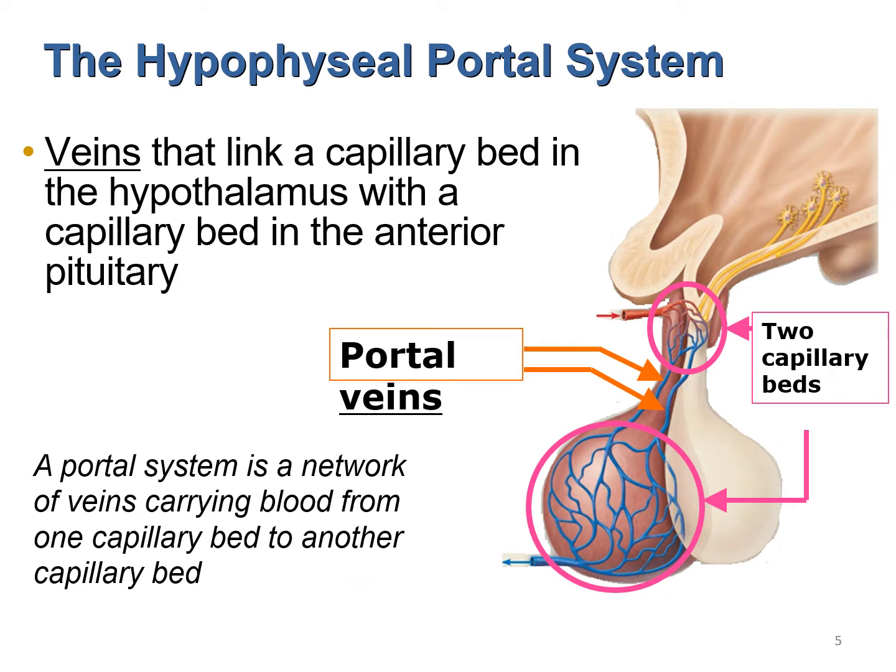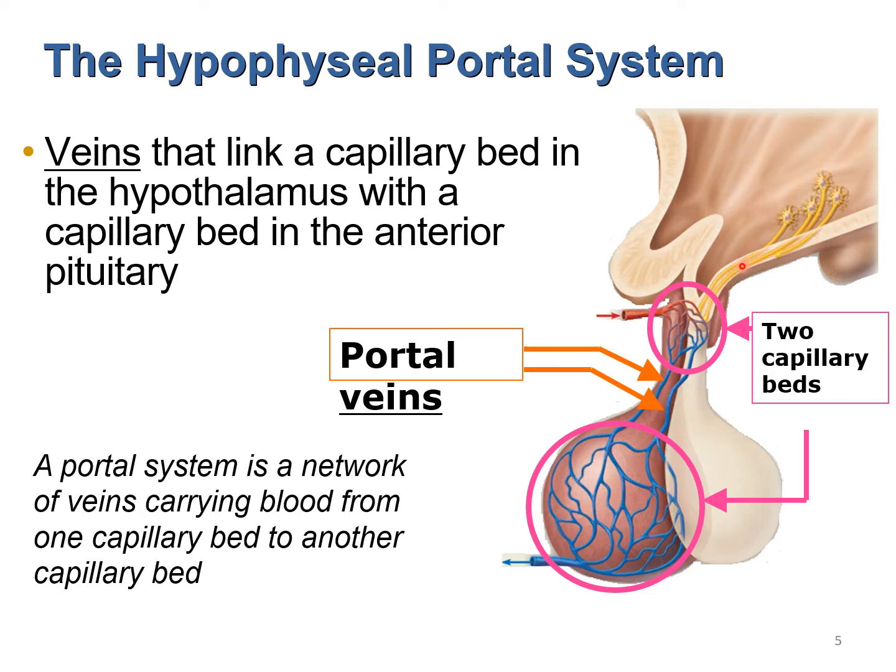Now, what is the significance of this portal system? Well, here in this capillary bed, you have axons extending from neurosecretory cells in the hypothalamus. These cells release hormones into the blood of these capillary beds. These hormones are then taken to the second capillary bed in the adenohypophysis, where those hormones then have access to target cells here in the adenohypophysis.